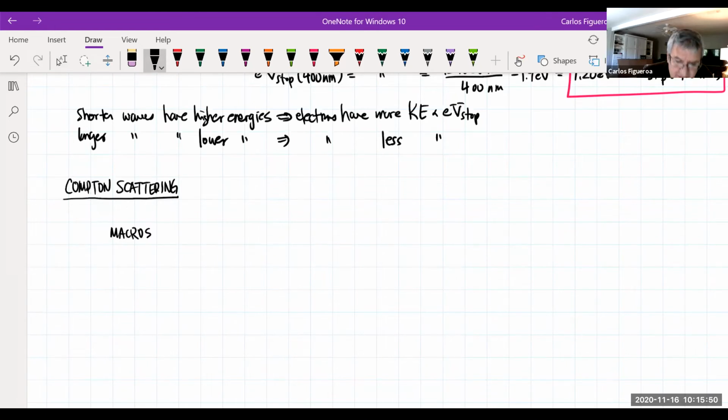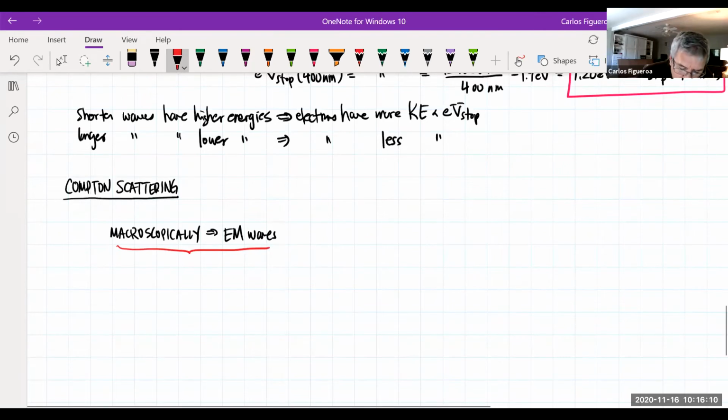Okay, so if I'm looking at this thing microscopically, we're really looking at the world in terms of EM waves. What do I mean by EM waves? What you found is that these EM waves describe extremely well interference and diffraction.